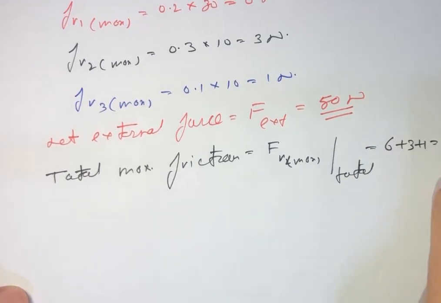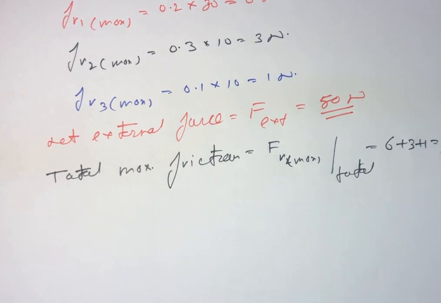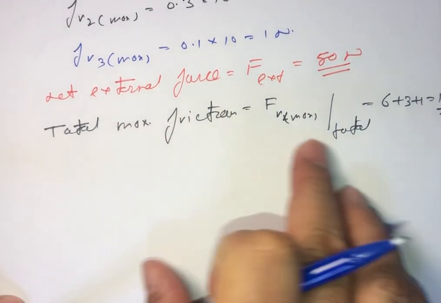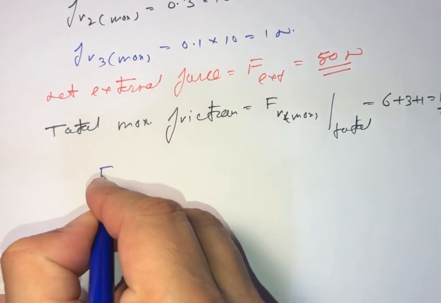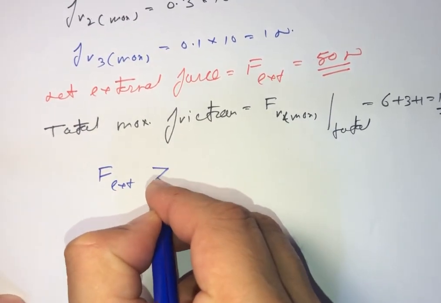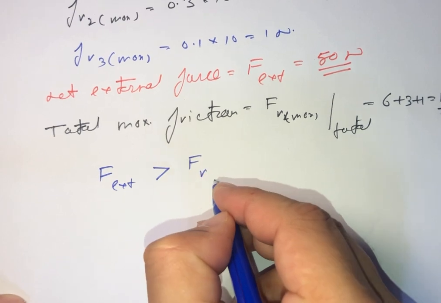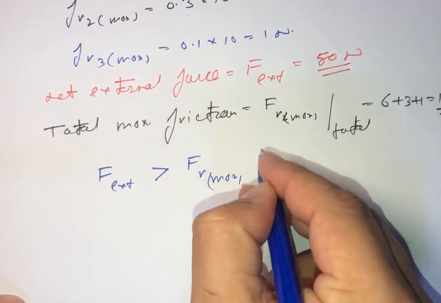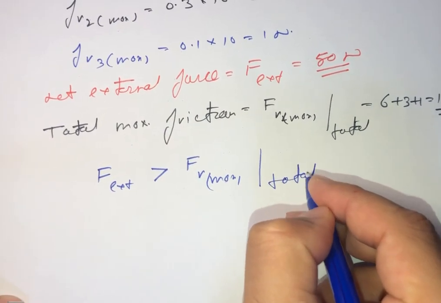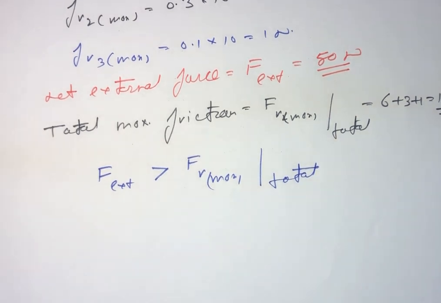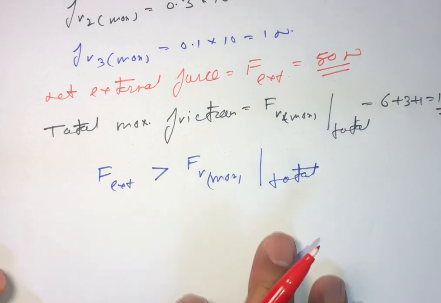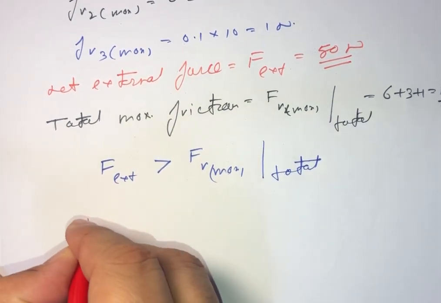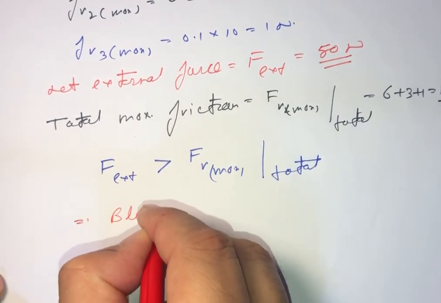It is 10 Newton. So here we can clearly see that F external is greater than FR max total. Therefore there will be acceleration present. Okay. So it means blocks will accelerate.